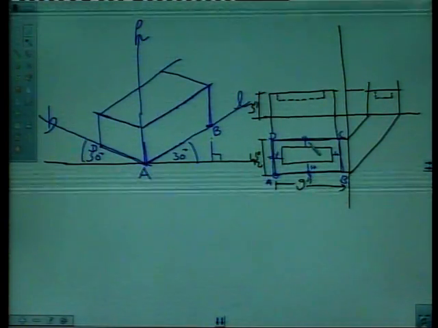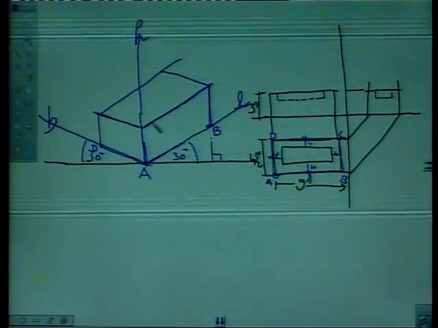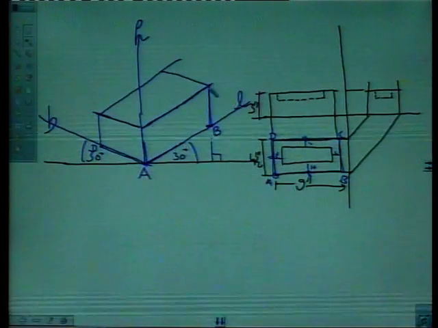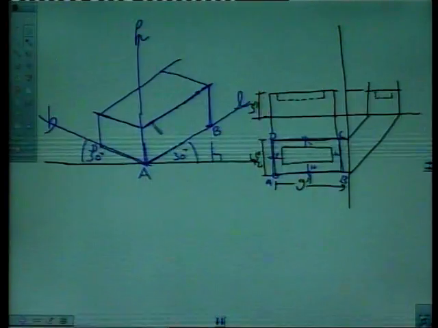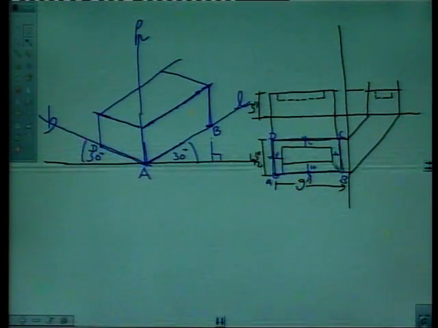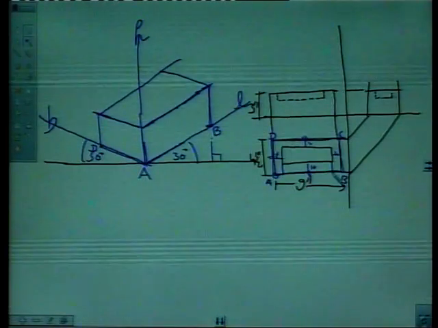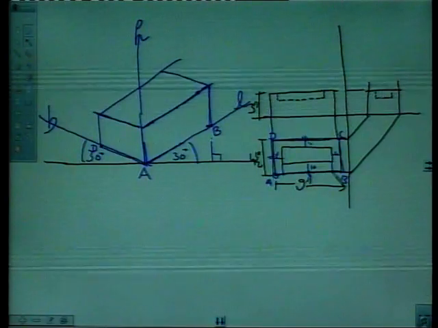How to draw this? Just from here mark 1 inch, and from here mark 1 inch, right? Actually, we have marked this point. On line AB, we have marked this point 1 inch, and this is 1 inch, right?